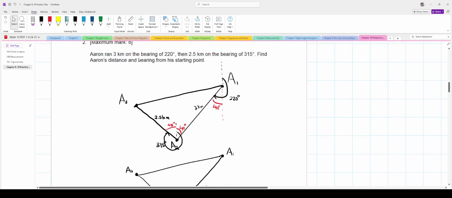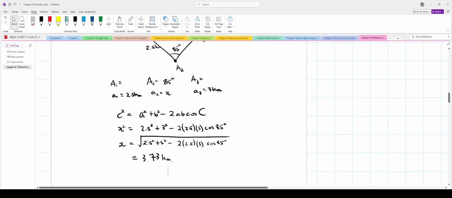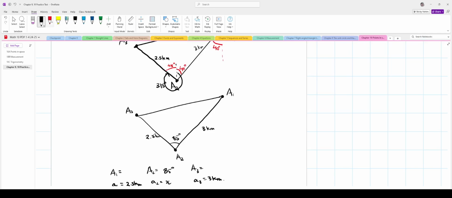So I think that answers the first part of the question. Aaron's distance from his starting point is going to be 3.73 kilometers.